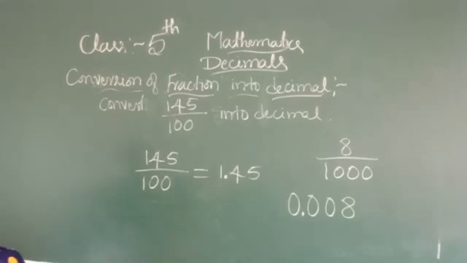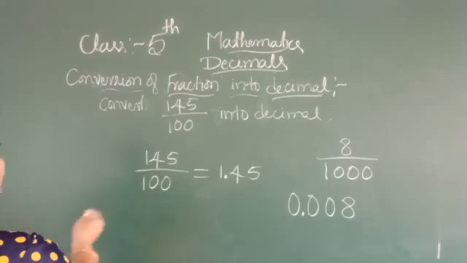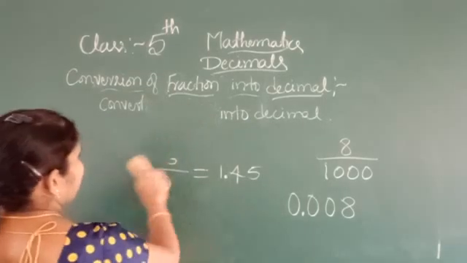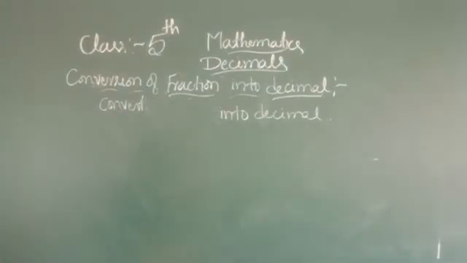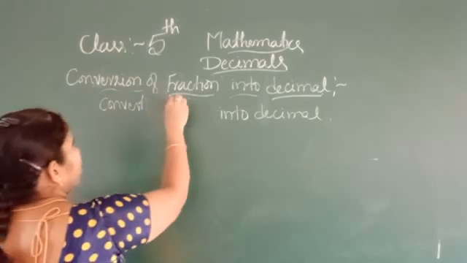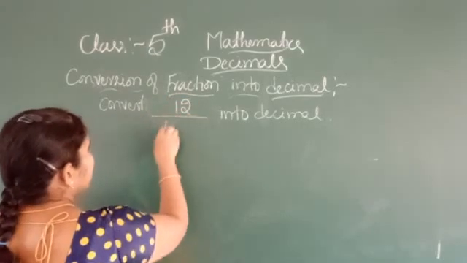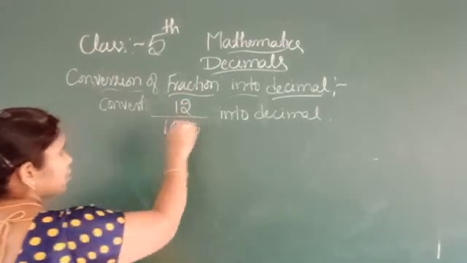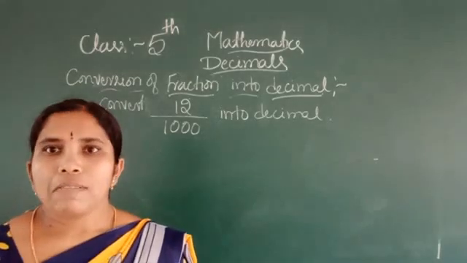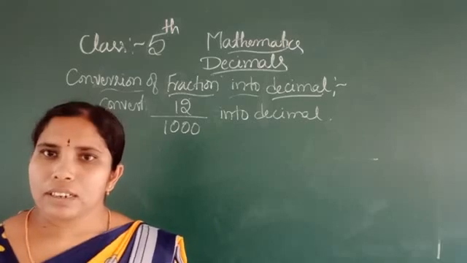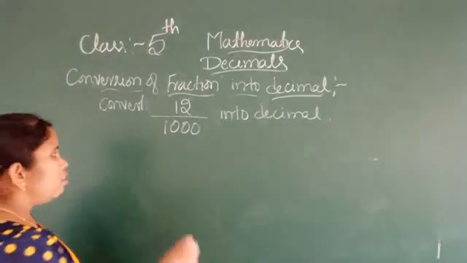See, convert 12 by 1000. First you write the numerator.